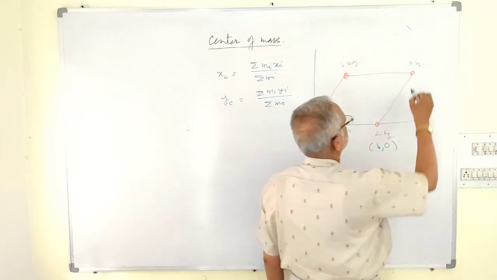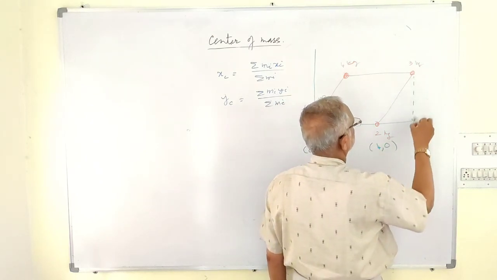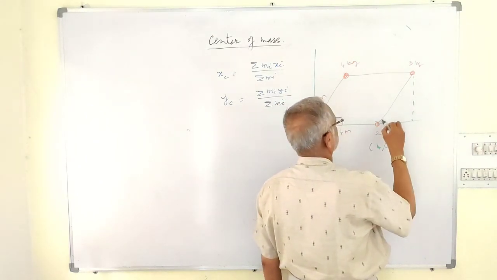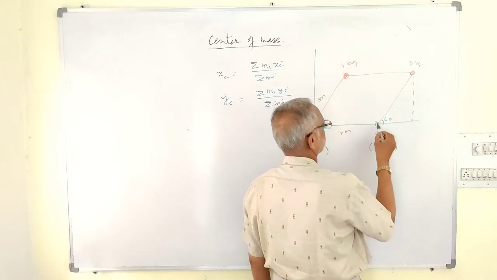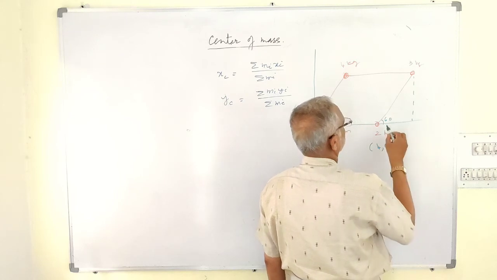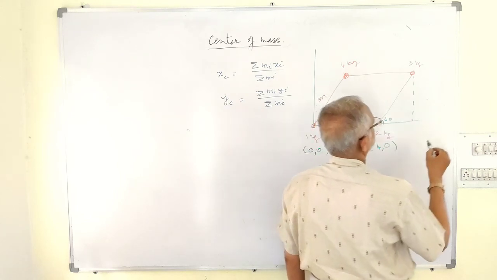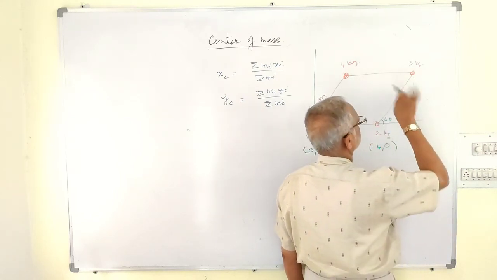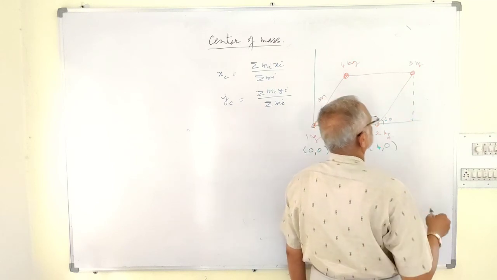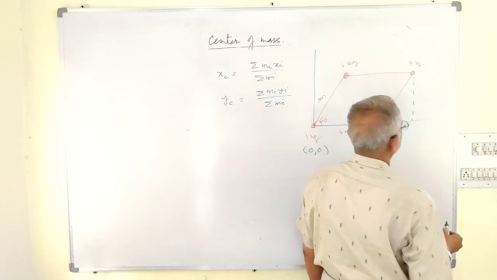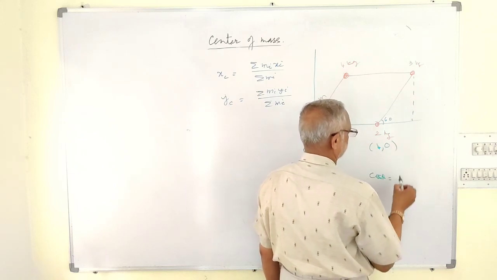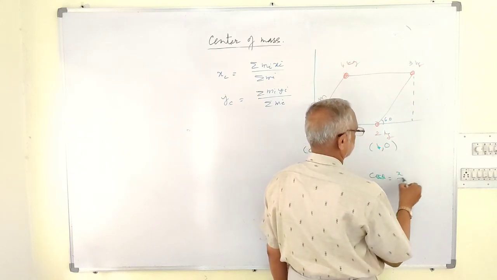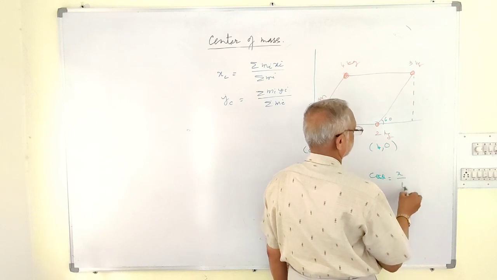Now what about the coordinates of 3 kg? If this is 60 degrees, this is also 60 degrees. So up to this we have got 4 plus this extra. This extra will be how much? L, this is adjacent side. Cos theta is equal to adjacent by hypotenuse.